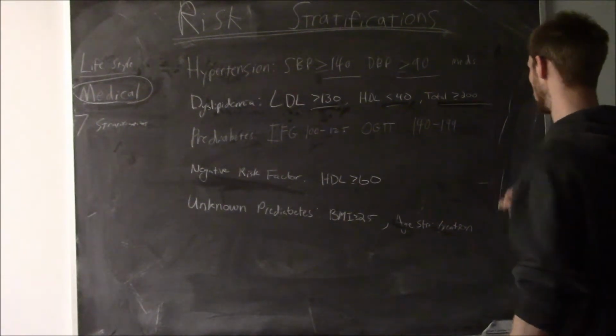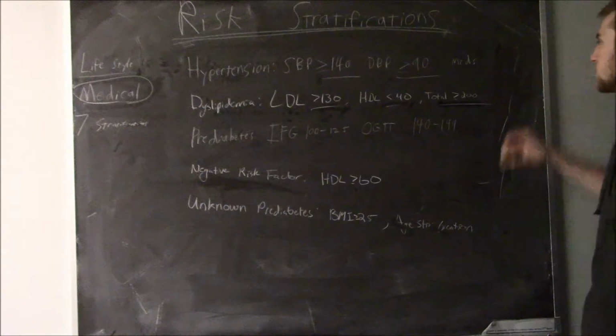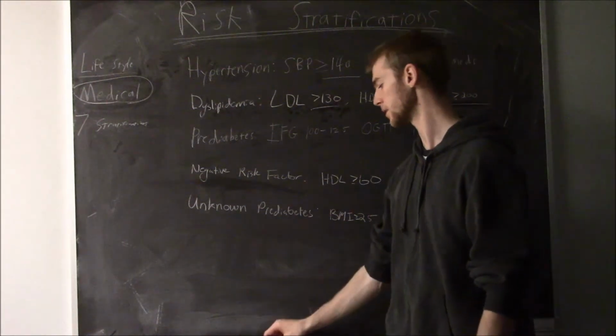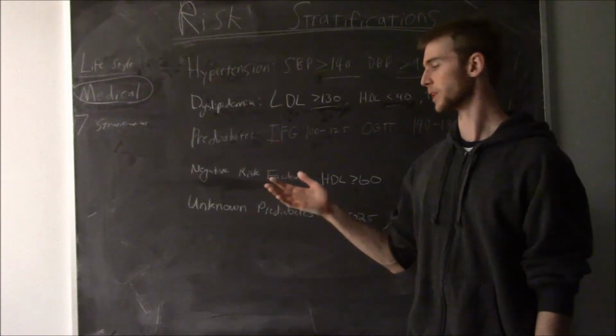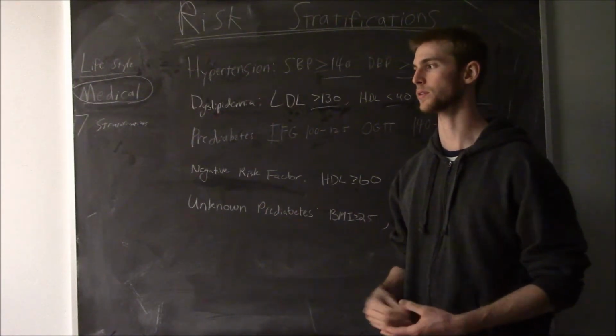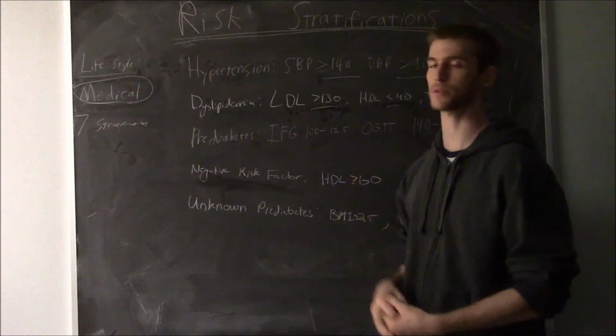That would be -1. Also, one other thing that I want to add in here is that a lot of people don't know all their scores when they come in and start filling out a PAR-Q and going over risk stratifications with you.